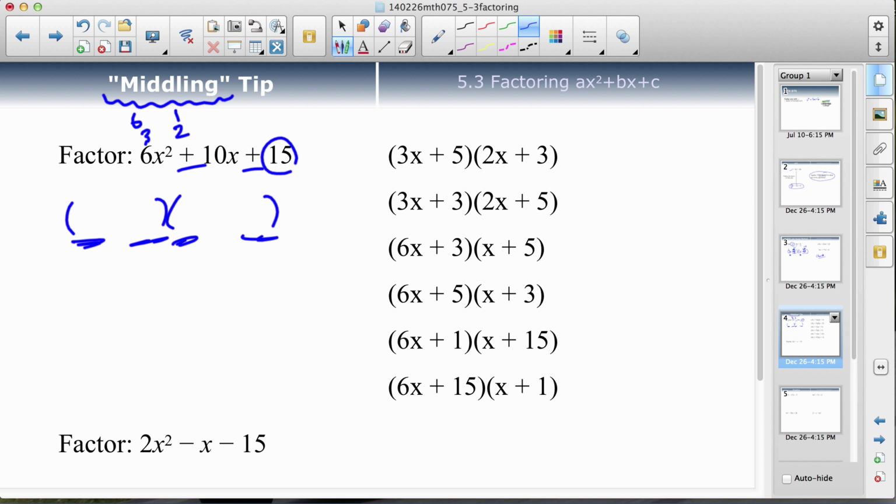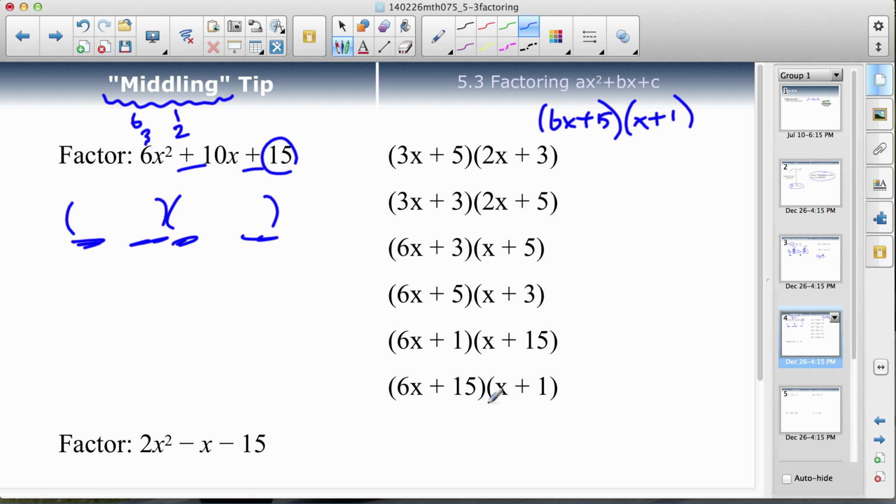Same thing with the 15. Rather than going with 15 and 1, they might go with 3 and 5. Again, it's just a tip. It may or may not work out that way. Like you might have 6x plus 15 and x plus 1. Those could turn out to be your factors for this. But often they do the middling one.